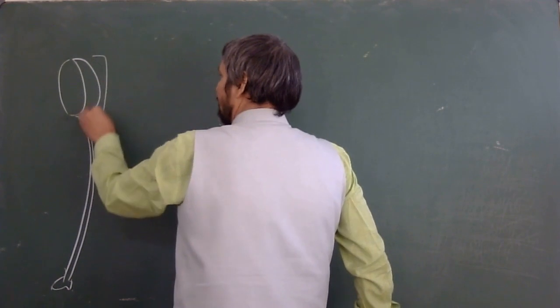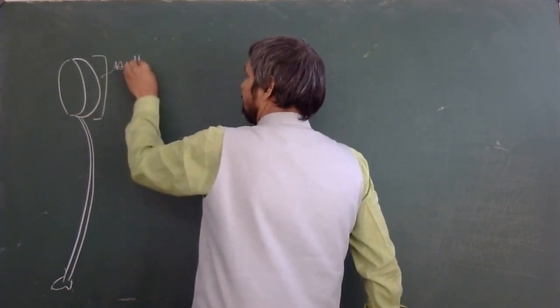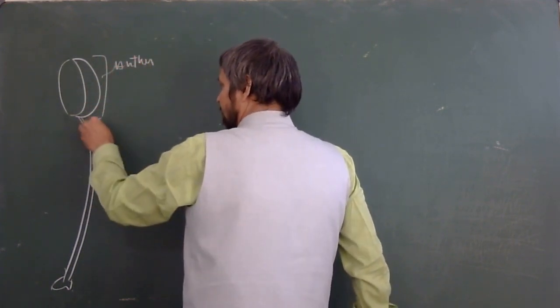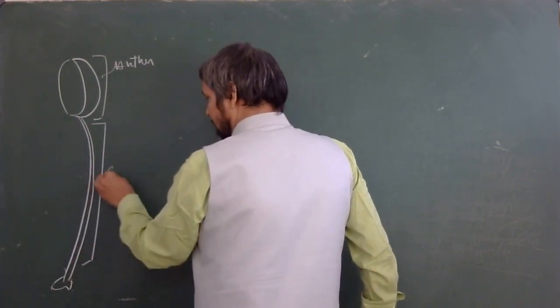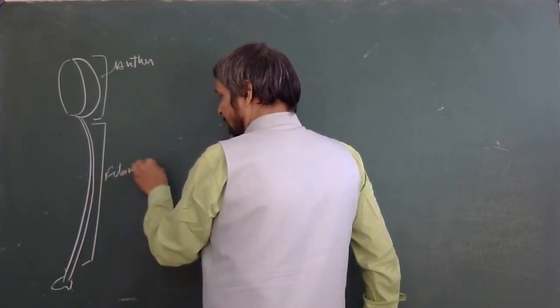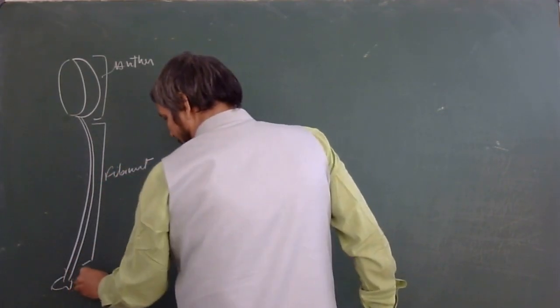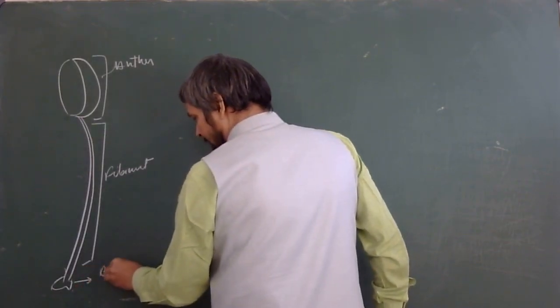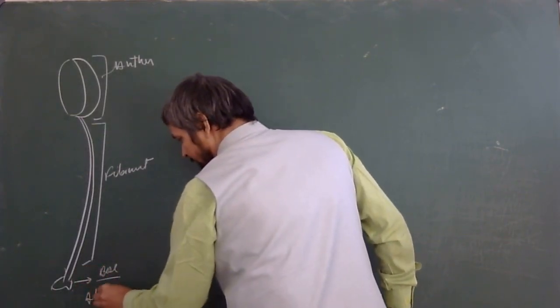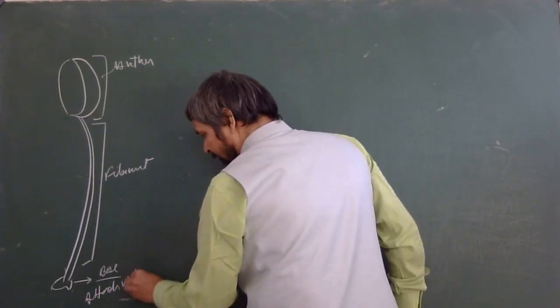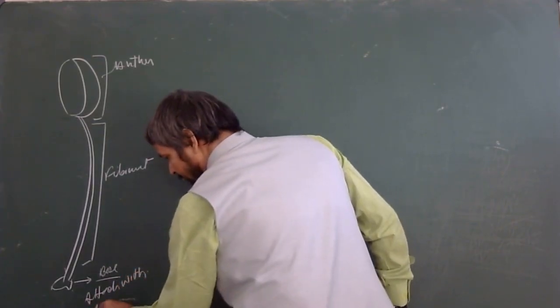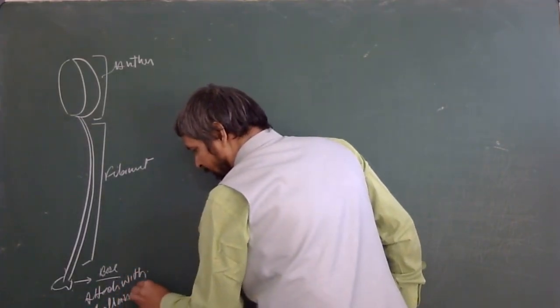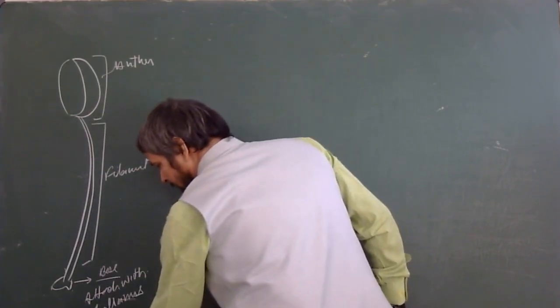This portion is called the anther, this is the filament, and this base is attached with the thalamus of petals.